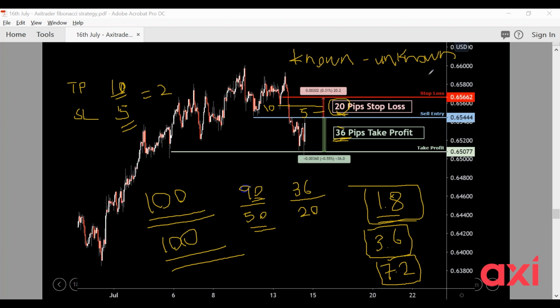I know that it is coming. I know that the non-farm payroll is going to come on Friday, the first Friday, but it's an unknown outcome. How much is it going to move the markets in one direction or the other? I have no idea. It's a known unknown. Okay.